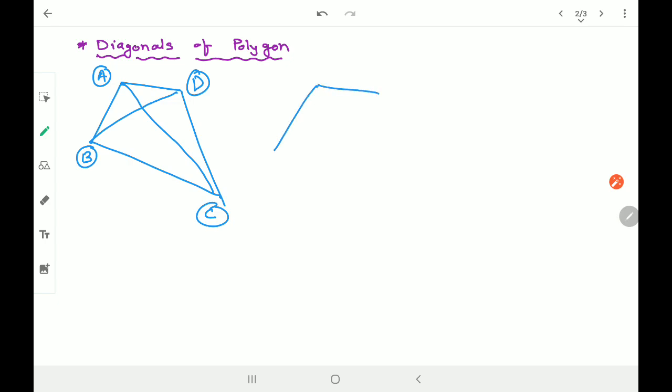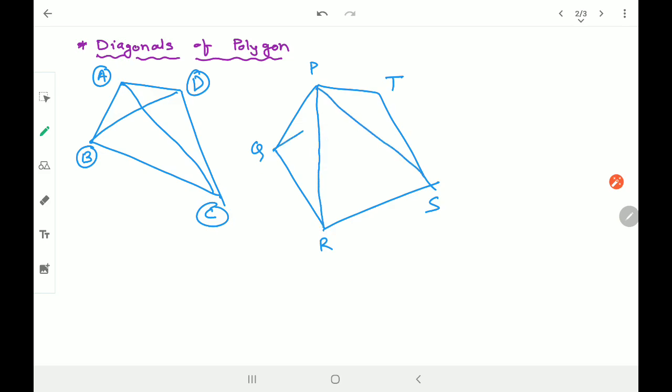Imagine if I take a pentagon like this. I'll name it PQRST, sorry. If I join its non-adjacent vertices, that means PR I can join, PS I can join, QT I can join, TR I can join, QS I can join, and all these are considered diagonals. Similarly, a hexagon.